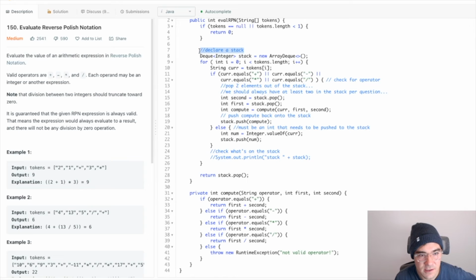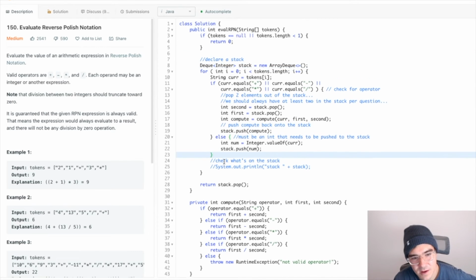Okay, and then we need to declare a stack, because that's the core part of this algorithm. It uses a stack data structure. And I cheated a little bit, because how I got to do this problem was through the explore section on stack questions. So I'm going through all the stack questions. All the questions they give you are pretty much using a stack.